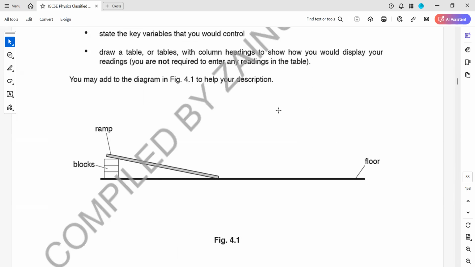How the mass of a toy truck affects the distance moved by the toy truck. For example, we release a toy truck with a known mass, and it travels a horizontal distance on the floor. So we are investigating how this distance traveled by the toy truck depends on the mass of the toy truck. That is the main core experiment.